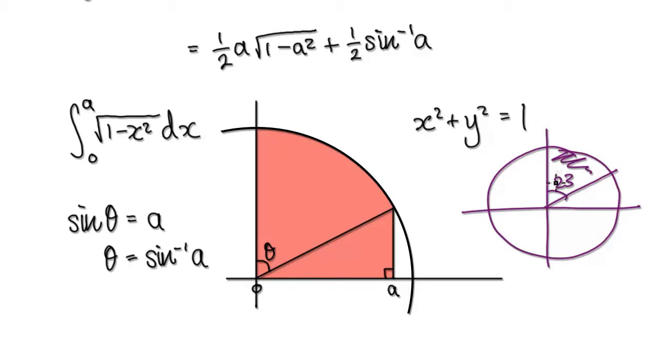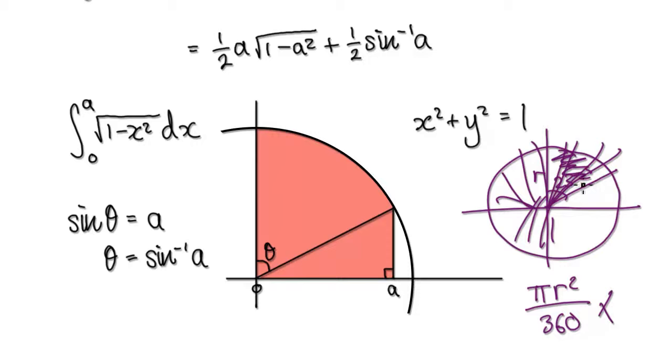To work out the area of this, you would work out the area of the whole circle, pi r squared, cut up into 360 equal pieces, and then you would times 23 pieces. So this thing here will represent the area of this.